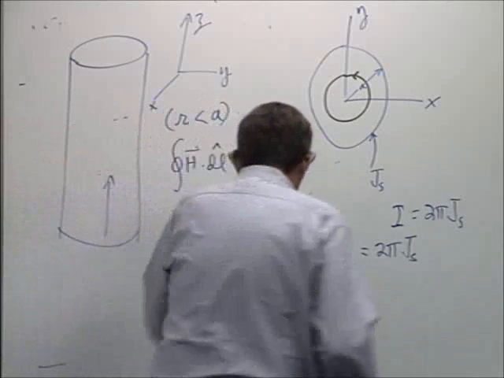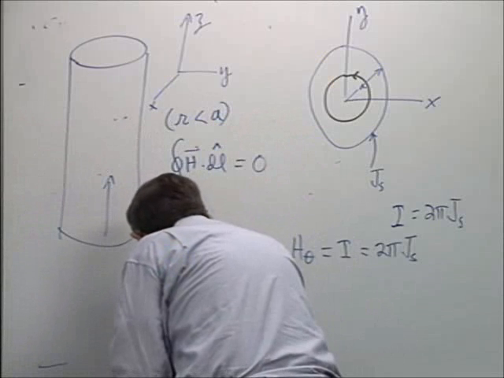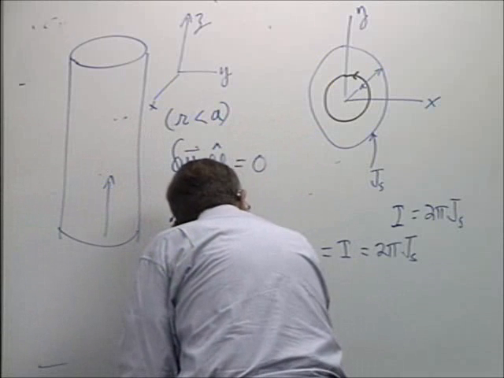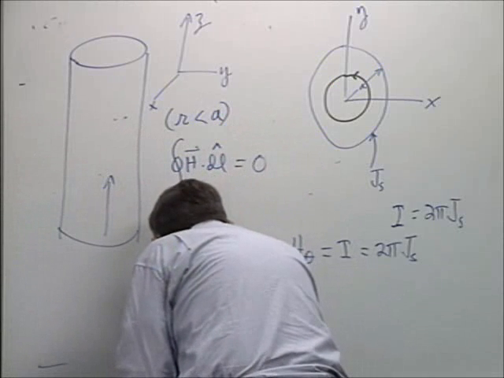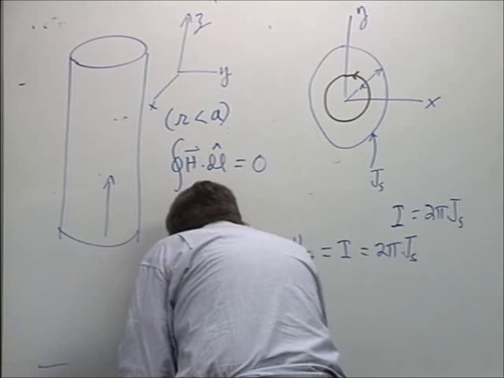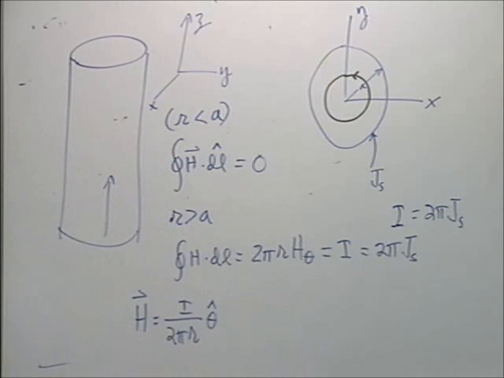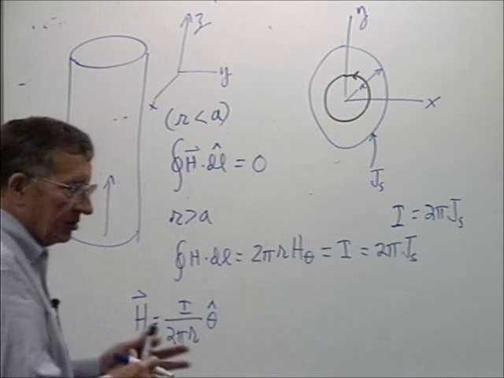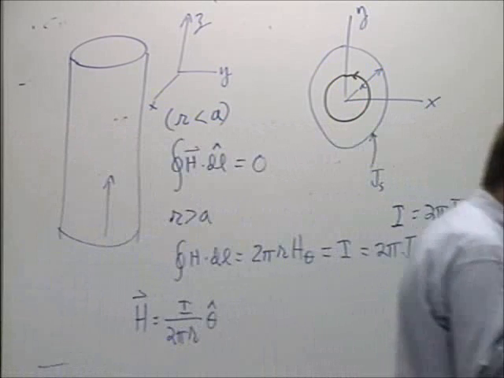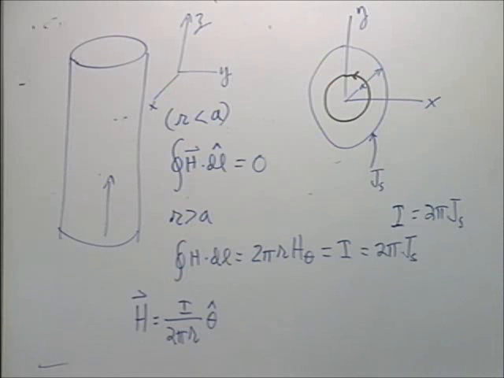So if I do it in terms of total current, H is I over 2 pi r in the theta direction. So it's just a theta component, exactly like a line of current. You can't tell the difference between whether it's a line of current or a cylinder of current if you're on the outside in terms of the field.